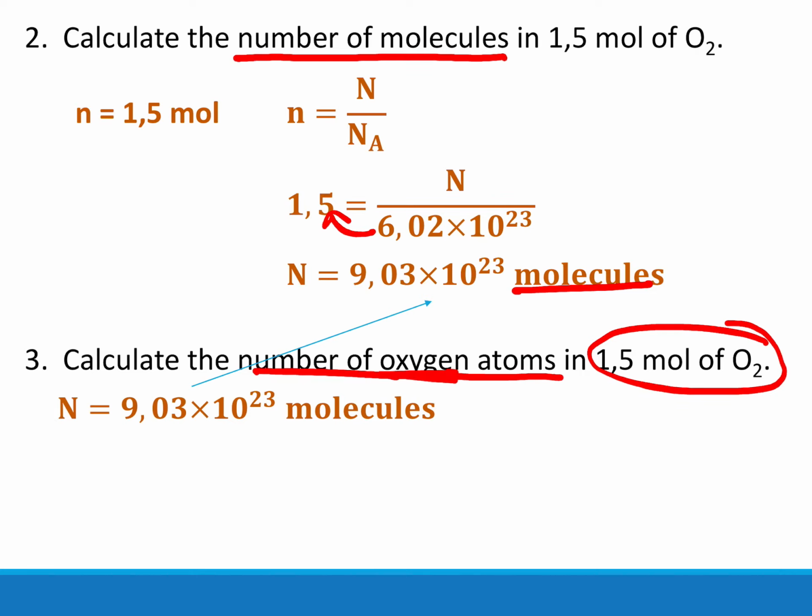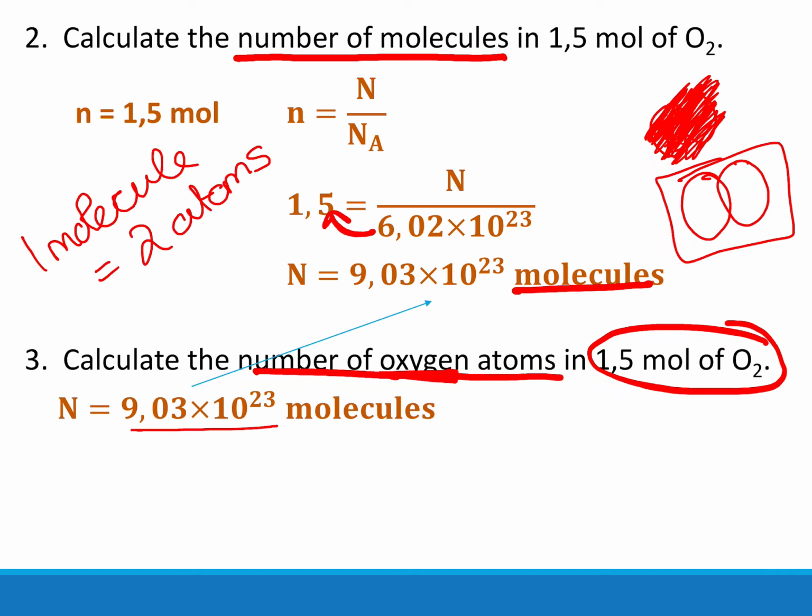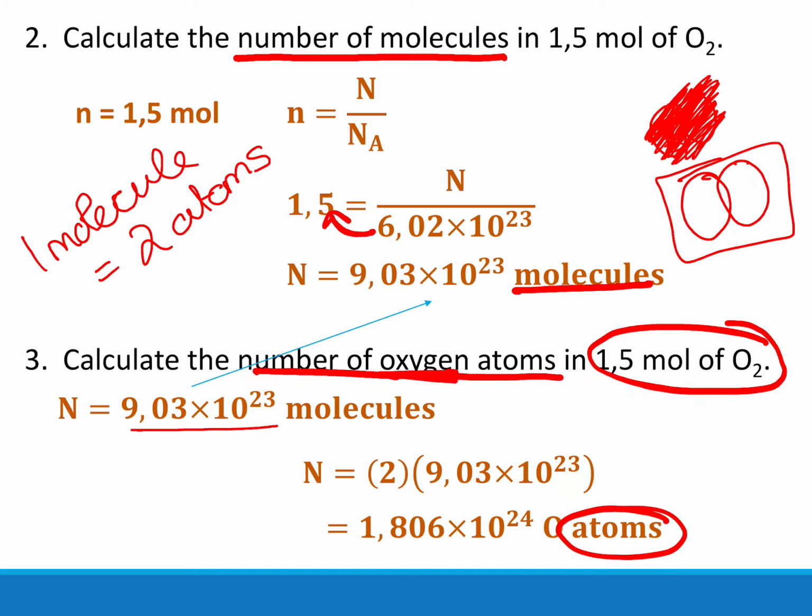So what we've got to remember here is oxygen is made up of 2 atoms per molecule. 1 molecule has 2 atoms. All right, so if I have 9,03 times 10 to the 23 molecules, I need to times by 2 to get the number of atoms. So I want individual atoms. You're going to have to go and think about that one a little bit.